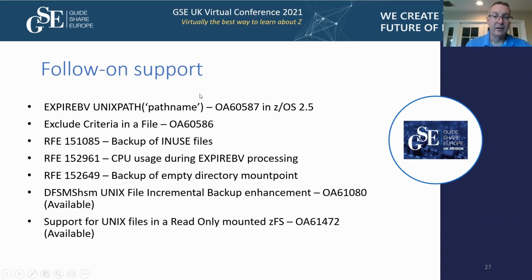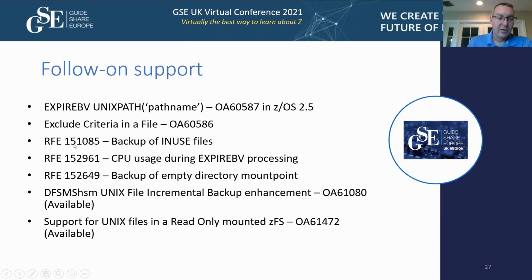So that came out in OA60587. So that's part of the z/OS 2.5 base support, so start using it there. Another high item for the other commands, not the Java program, but the Unix and TSO programs, is allowing exclude criteria in a file also, and that's something we're working on.